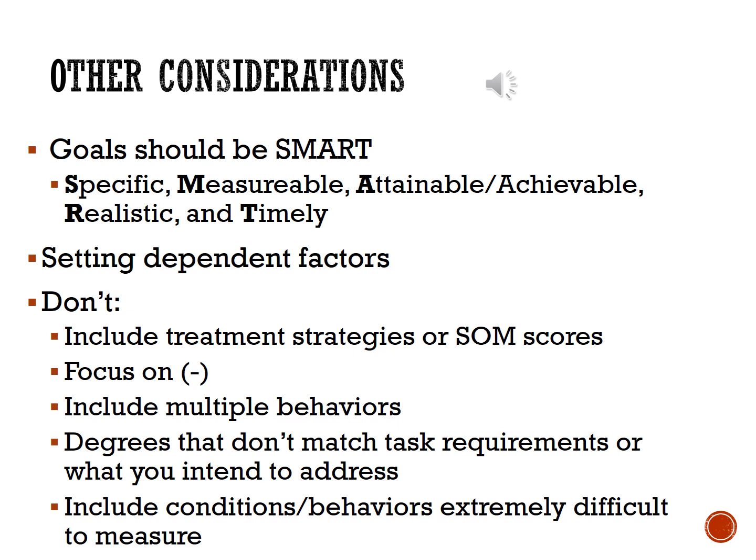Percent of heel strike or a certain amount of reciprocal arm swing might be challenging to observe and gather that data to then be able to report on the goal. Certainly that's not impossible, especially if you're using some sort of video recording, but you want to be mindful of that when establishing goals, so that they aren't so challenging that you're not able to accurately assess them.